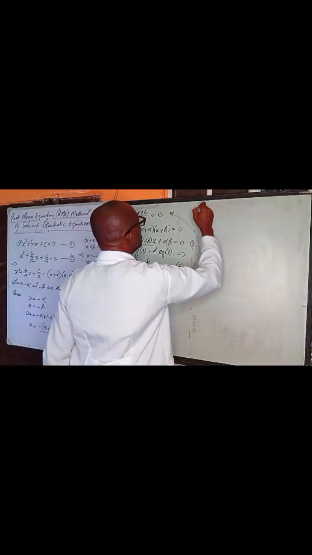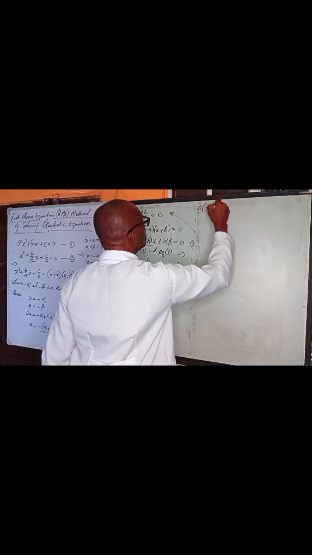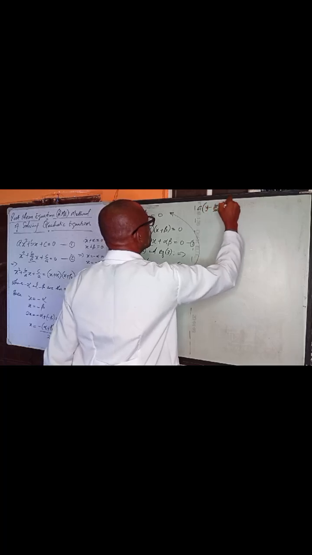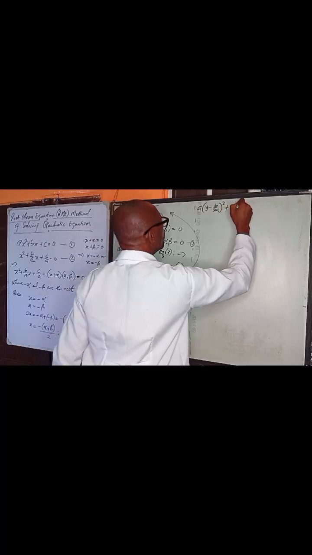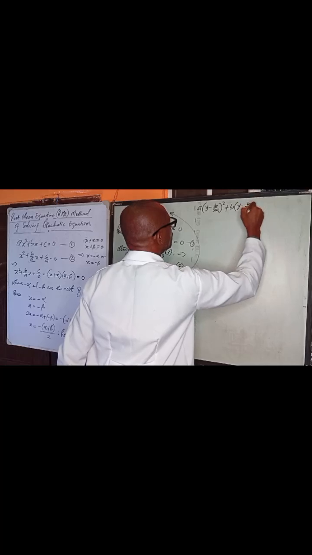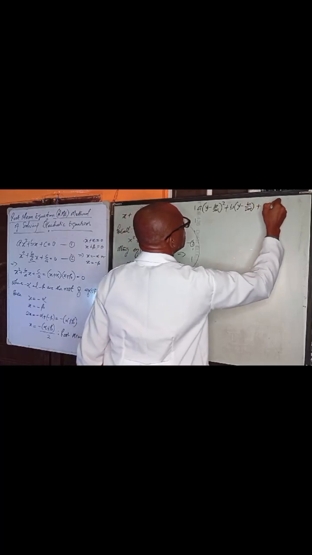So if we do that in equation 1, I will have a times y minus b over 2a all squared, plus b times y minus b over 2a, plus c is equal to 0.